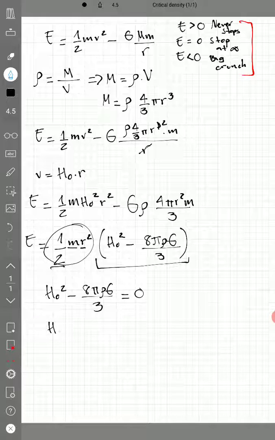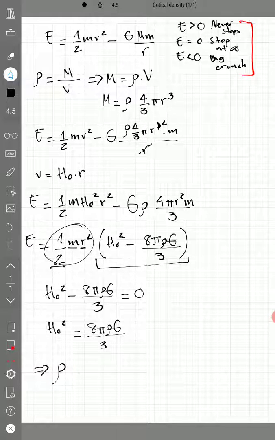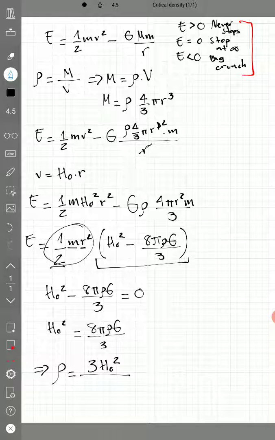Now, when does that happen? That happens obviously when h0 squared is equal to 8 pi rho g over 3, which leads to a value of the density of the universe that will be high enough to stop its expansion, but only at infinity. So 3h0 squared over 8 pi g.